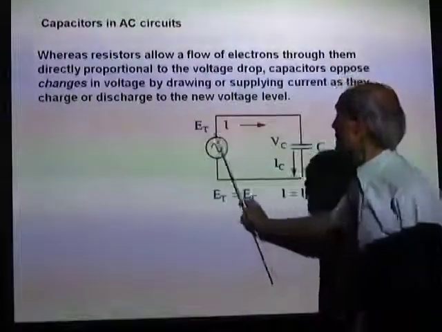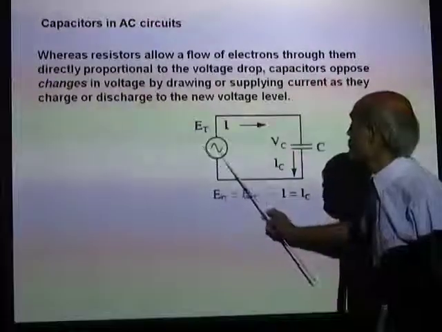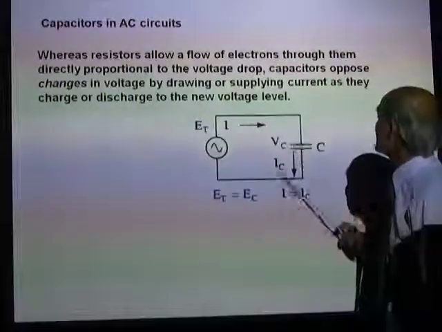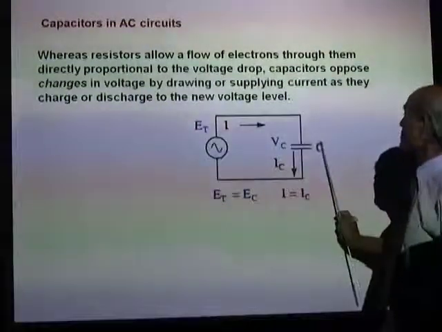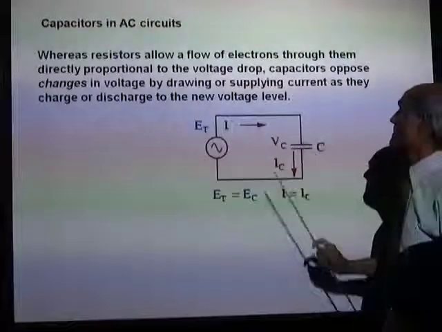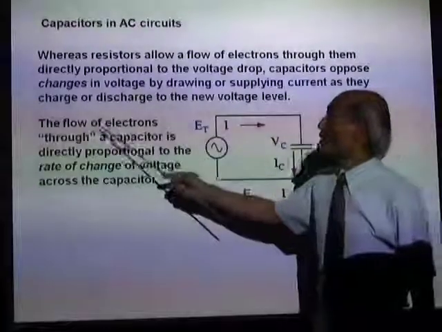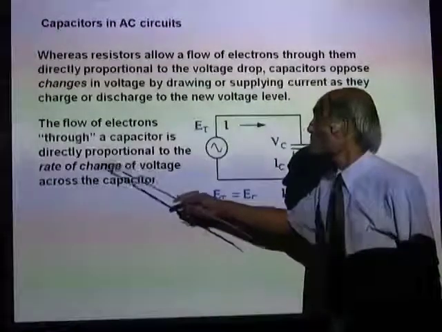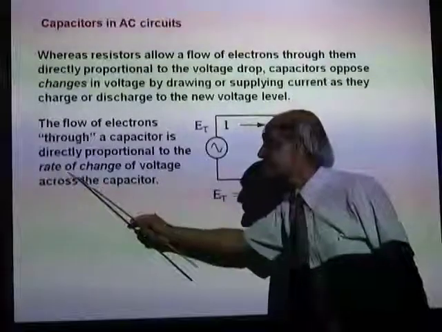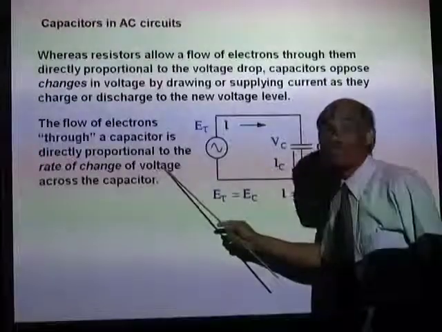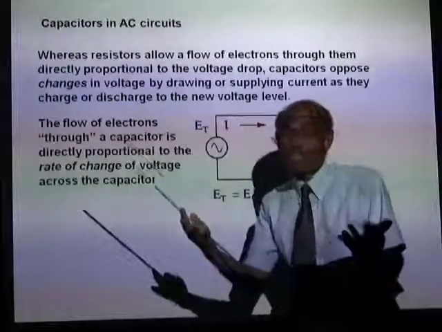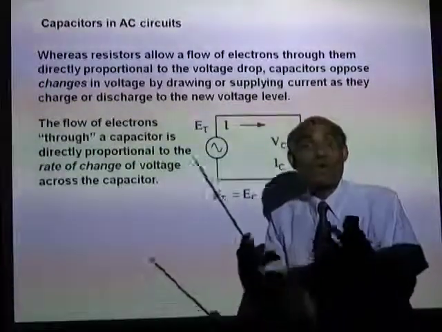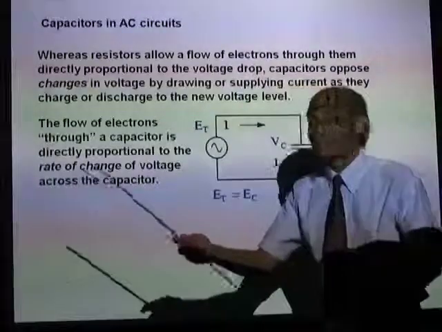Now here I have a diagram of an AC generator connected to a capacitor of capacitance C. Now, the flow of electrons through a capacitor is directly proportional to the rate of change of voltage. You see, when the voltage is steady, there is no flow of charges into a capacitor.